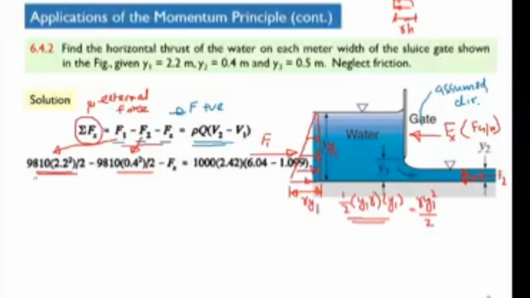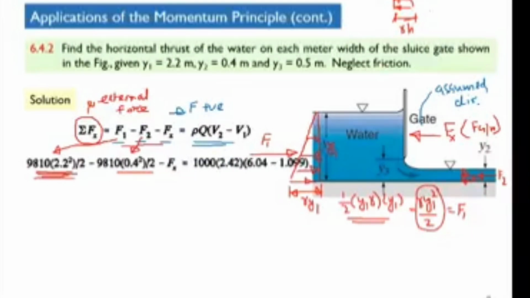This is what is written, gamma into Y1 square by 2. So this is the force F1. Similarly, you will have F2. Clear? So this is how we calculate the force.